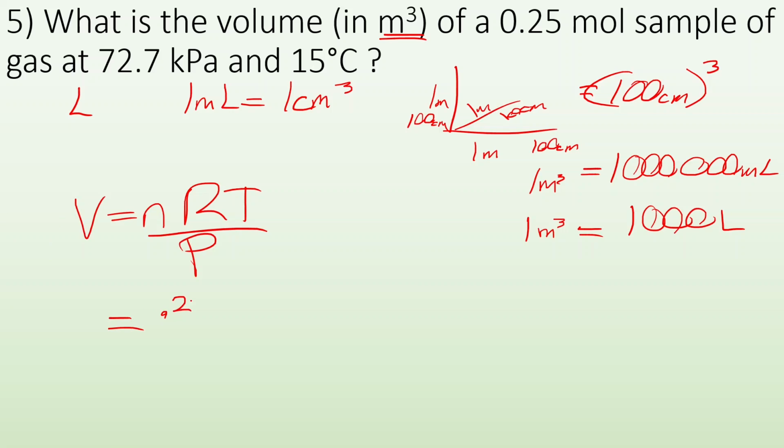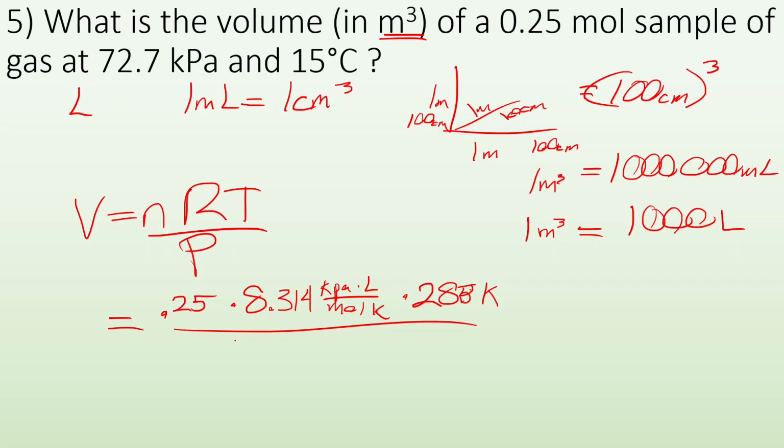I got 0.25 moles times my R. If I'm using kPa, I need to use 8.314 kilopascal liters per mole Kelvin, times 15 Celsius, which would be 288 Kelvin, divided by the pressure of 72.7 kilopascals. And when I plug and chug, I end up with 8.23 liters.